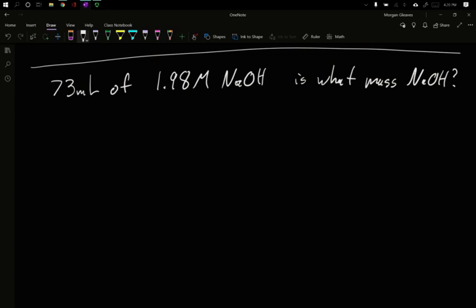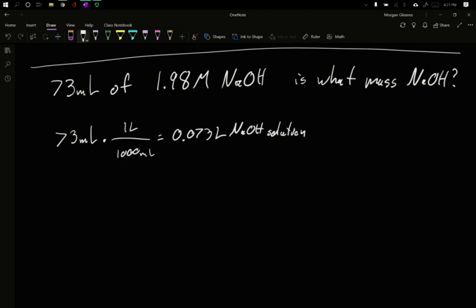All right, if you gave that a shot, well, I've got 73 milliliters, but molarity is done in liters, so I need to get out of milliliters and into liters. So this is 0.073 liters of NaOH solution. So I know what volume I'm actually working with.